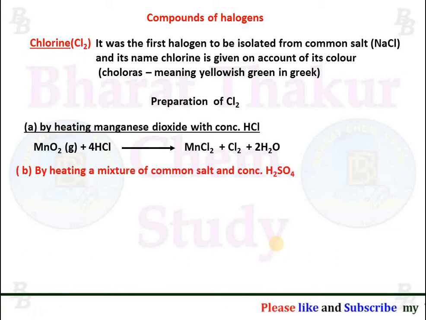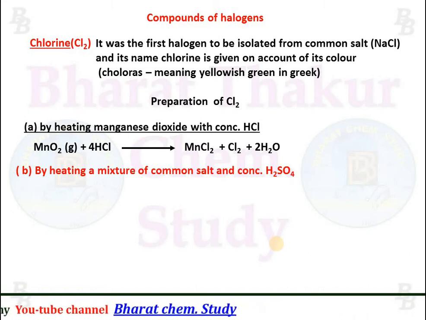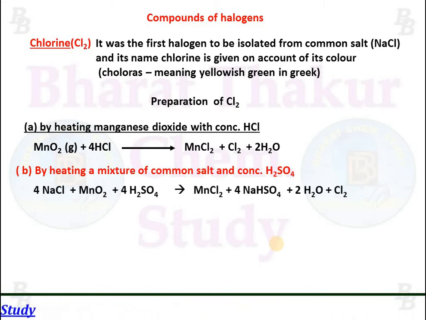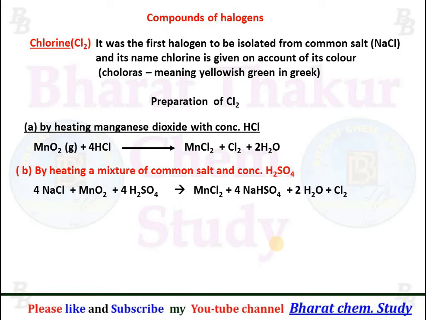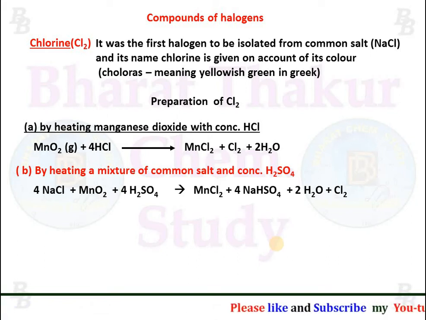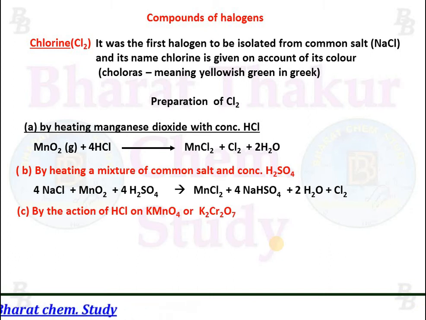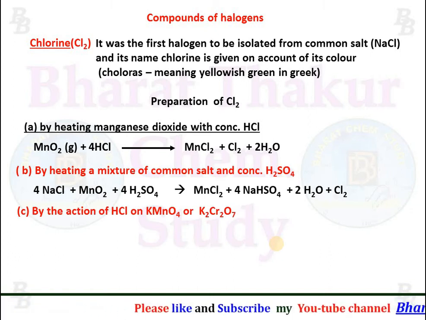Next is by heating a mixture of common salt and concentrated sulfuric acid. So when concentrated sulfuric acid is heated with NaCl and MnO2, it will form MnCl2 plus 4 NaHSO4, 2 molecules of water, and give chlorine gas. Third method is by the action of HCl on KMnO4 or K2Cr2O7.